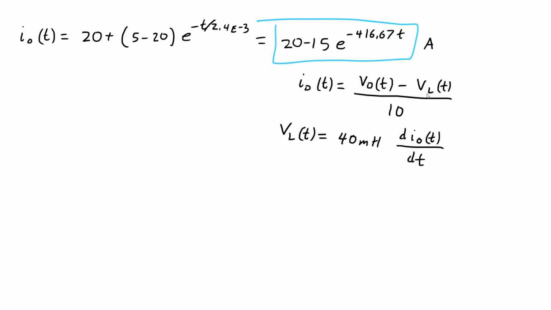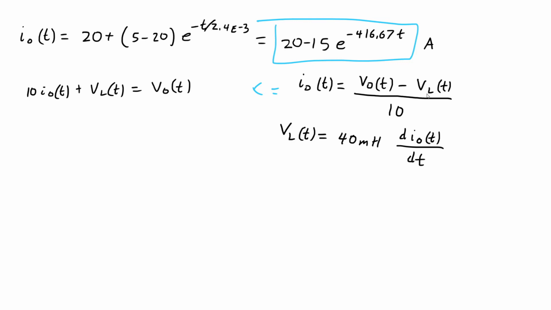So, to find the VOT, let me go ahead and just draw an arrow. I'm going to take this expression and multiply by 10. So 10 IOT plus VLT equals VOT.